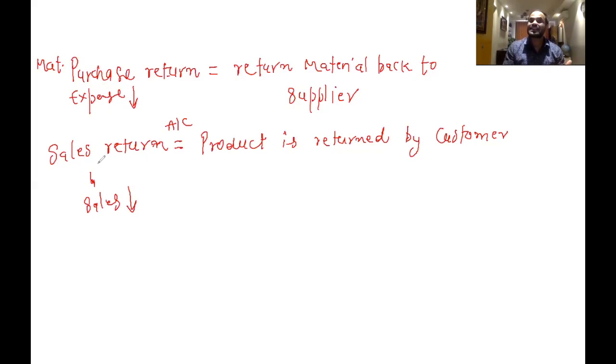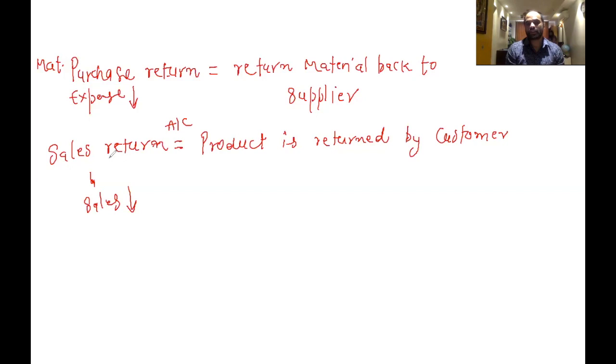For sales, whatever you sold, the customer returned back to you, so your income reduced. When a customer gives your product back, for example because of a quality problem, your sales will be reduced.